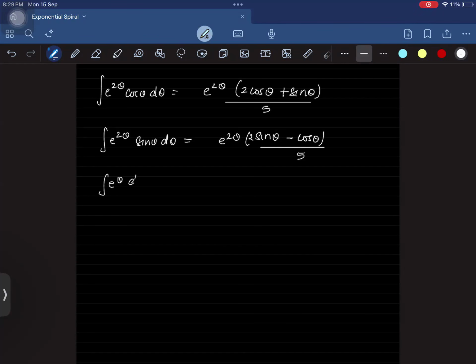And of course, the integral of e to the power theta d theta is e to the power theta. Of course, plus c everywhere because we are writing in the indefinite integral form.